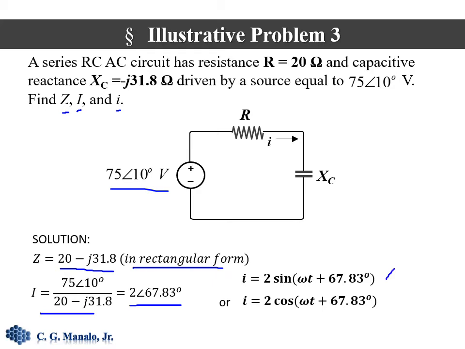We could express our time domain I as a sine function or as a cosine function. And we can use a variable omega since it is not specified what the angular velocity or the frequency of the source is.